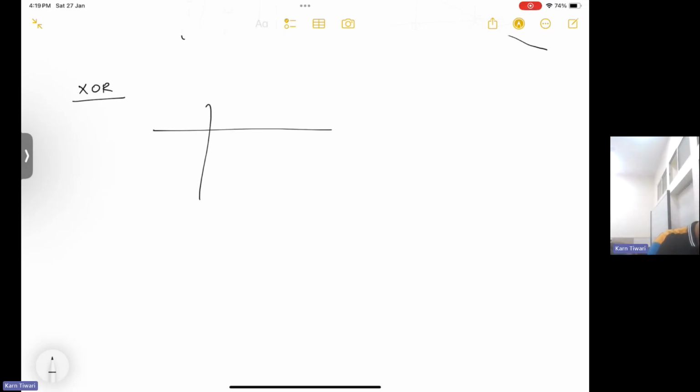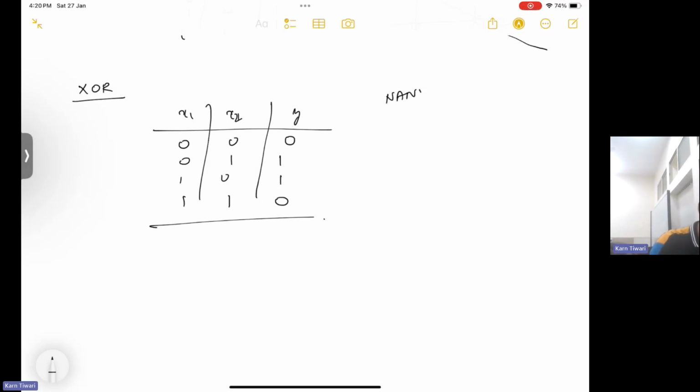You can think of it as having inputs x1, x2, y. It's again 0, 0, 0, 1, 1, 0, 1, 1. It is active only when one of them is active and the other one is inactive. That's how it is defined. So this is the logic for XOR.